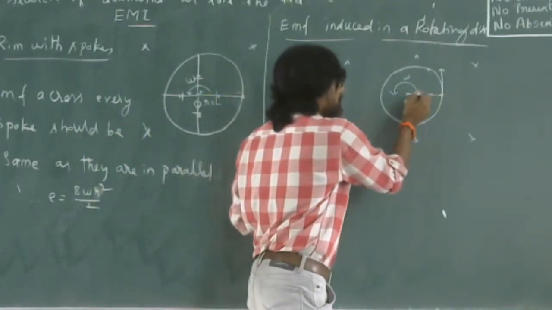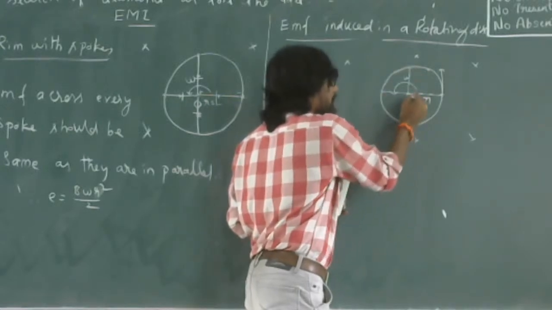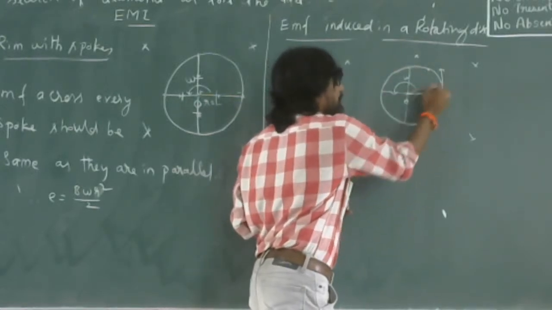we can consider this disc as a combination of a number of very closely spaced spokes.